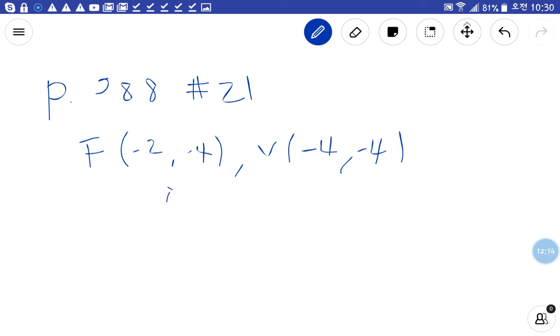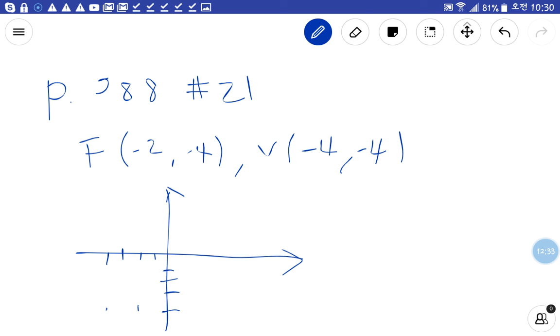I may graph this situation so that I clearly see which way this parabola opens. So the focus (-2, -4) is my focus. Now the vertex is (-4, -4).